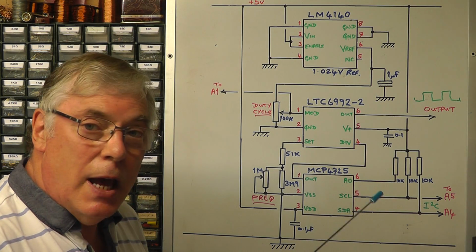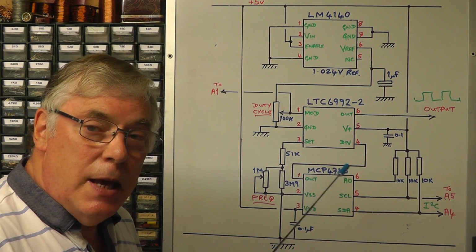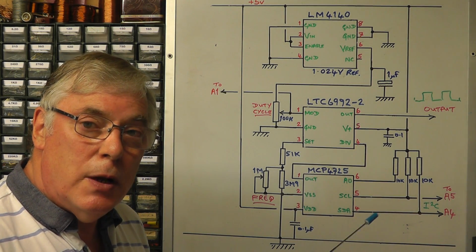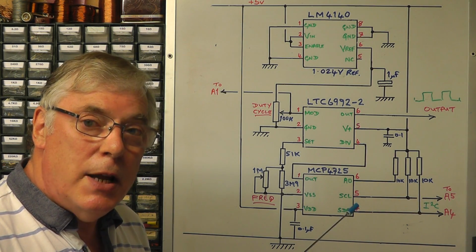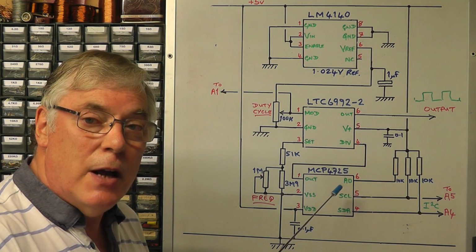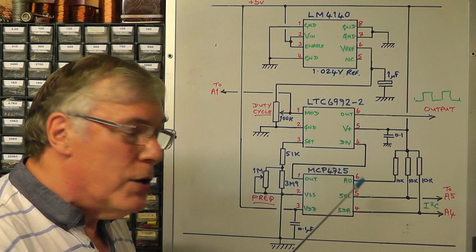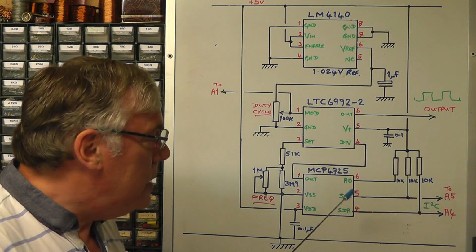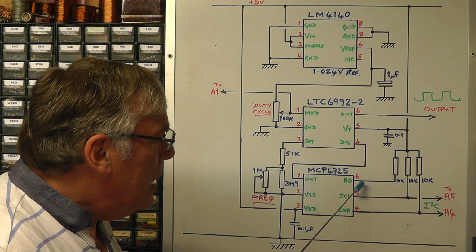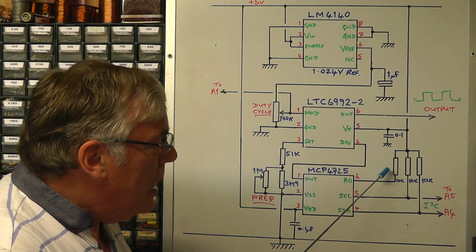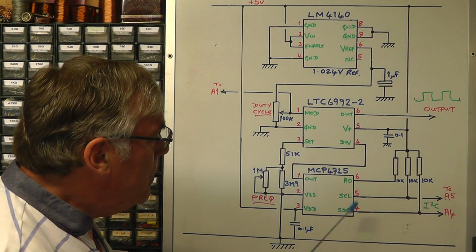Pin 6 is labelled A0. The IC has got A0, A1 and A2, but A1 and A2 are internally programmed at manufacture in the chip, so we've got no access to that. So we can only control the last bit of that address, and we can take it high or low, and in this case I've taken it high through a 10k.